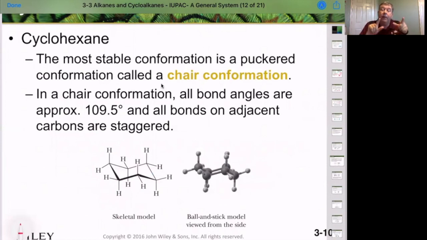Now cyclohexane is big enough that when one side puckers up and one side puckers down, it actually ends up with 109.5 degrees on all of them. And so this pucker up, pucker down is what we call a chair conformation. So if you look at it kind of like a lounge chair, you can actually lay across it here. And this is its most stable or lowest energy conformation right here, the chair configuration of the cyclohexane.